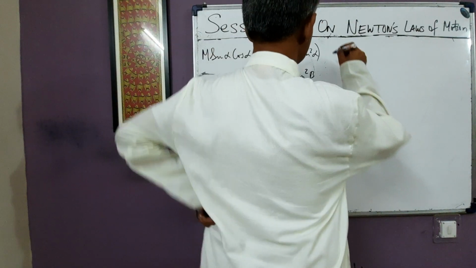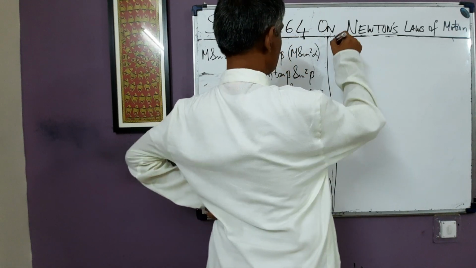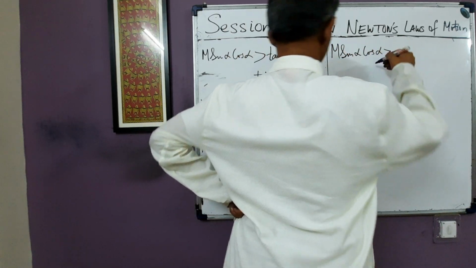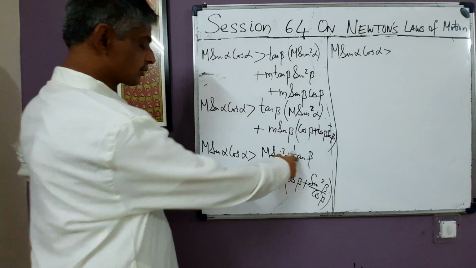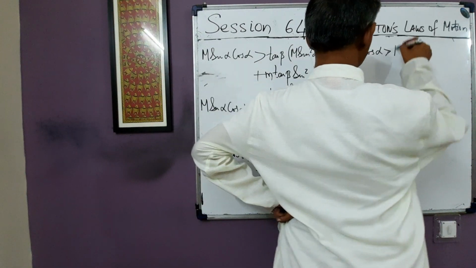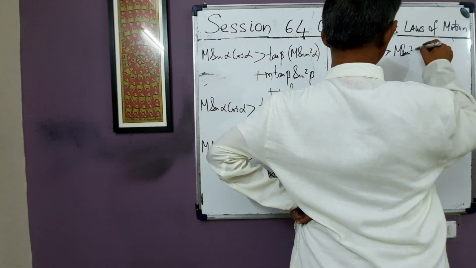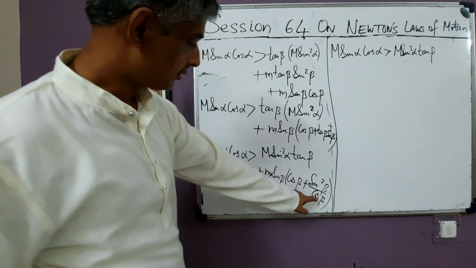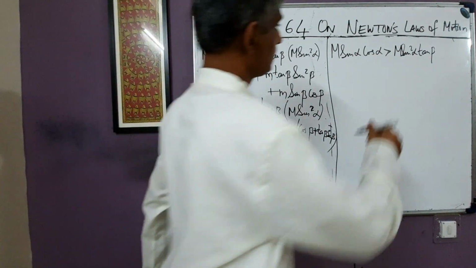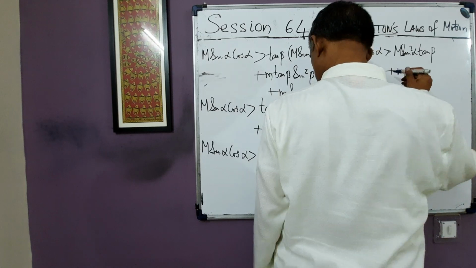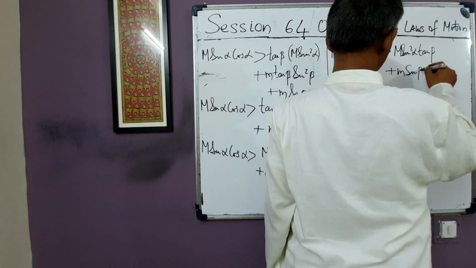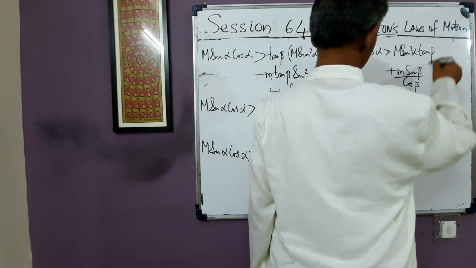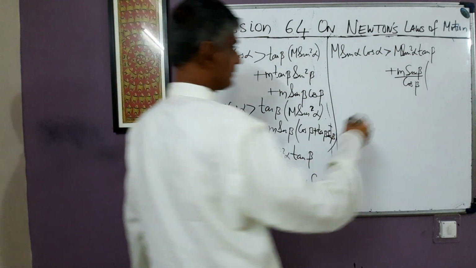So what do we get? We get M sin alpha cos alpha is greater than M sin square alpha tan beta. Now this cos square beta multiplied plus m sin beta, and cos beta is here already, cos square beta plus sin square beta.